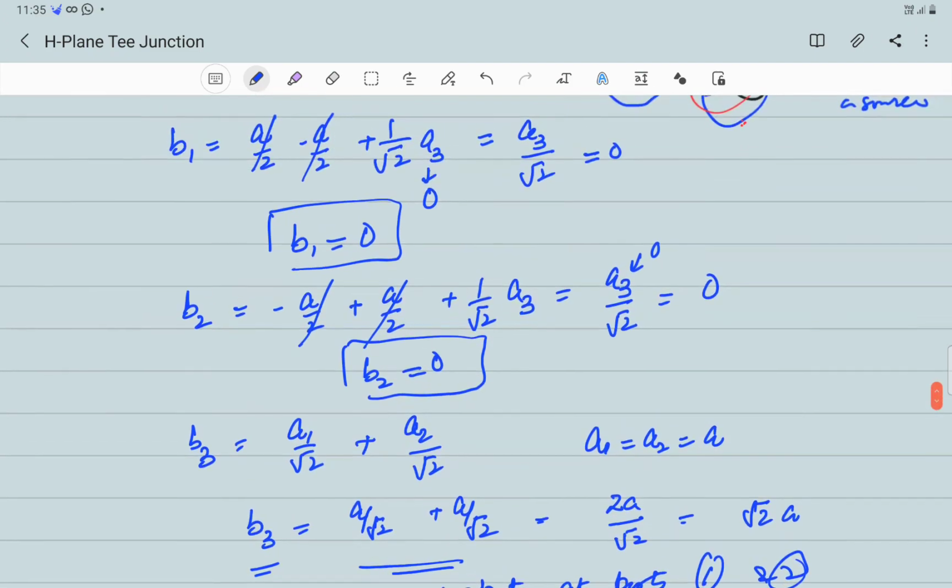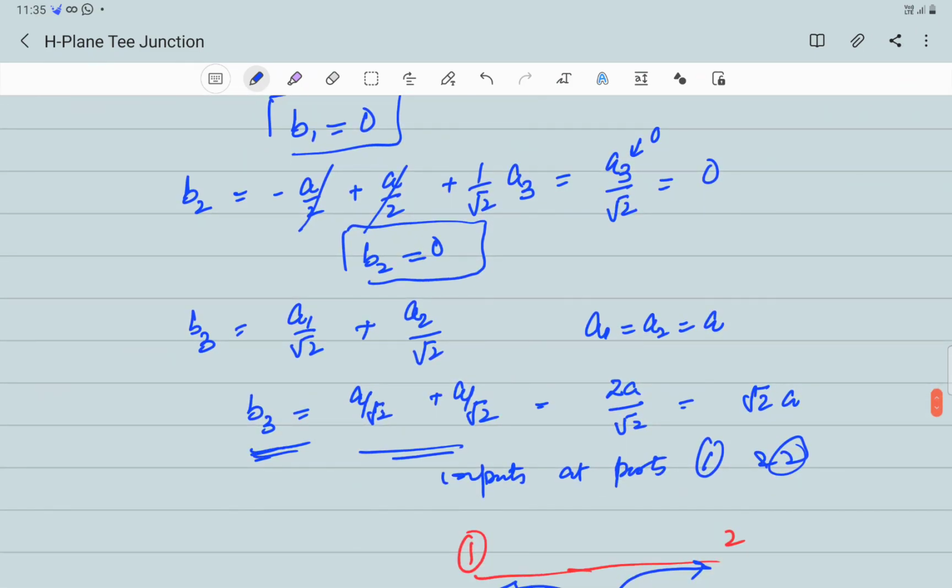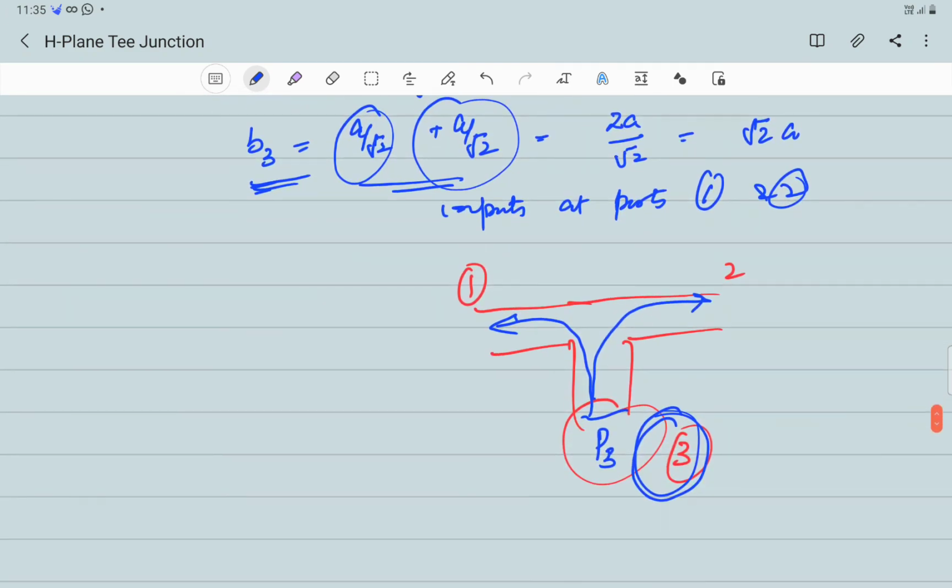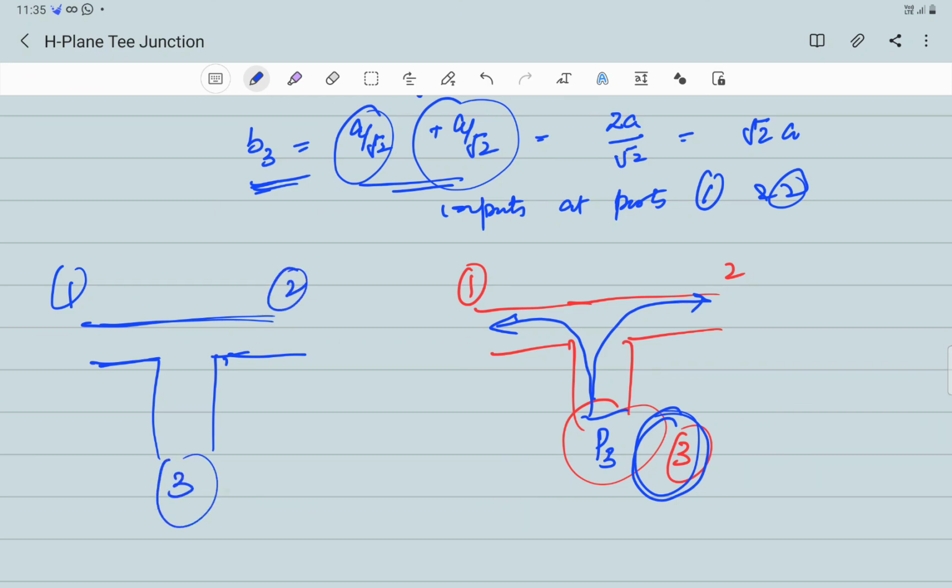So what we have seen is that the power at port 3, B3, is simply the addition of the two signals coming from ports 1 and 2. In a nutshell, what we have concluded from these two special cases is that if I have an H plane T junction with 3 ports, when I feed a signal at port 3, the power gets equally divided between ports 1 and 2.